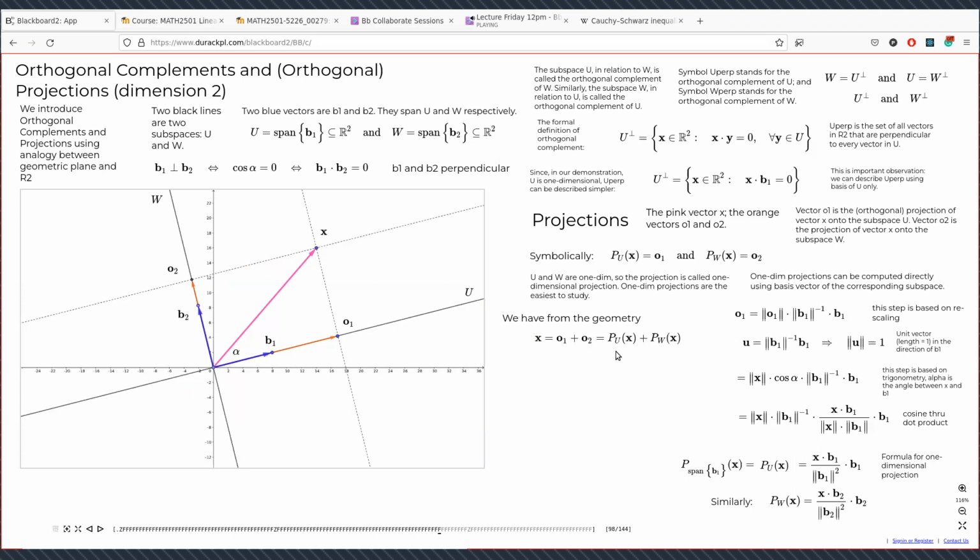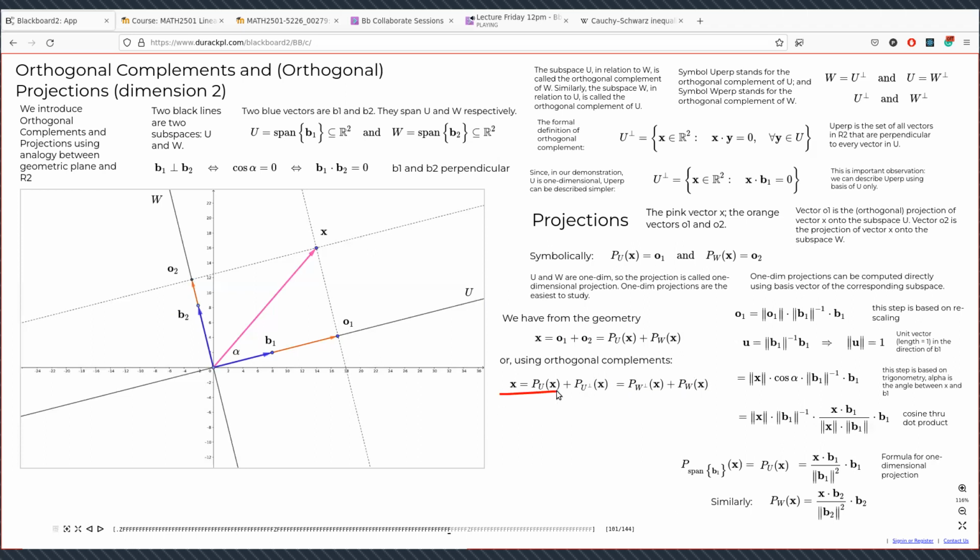So in the language of projections, any vector x, absolutely random, breaks into a sum of projections onto a subspace and, listen carefully, onto that subspace's orthogonal complement. That's one of the fundamental connections between orthogonal complements and projections. And that works for U and W identically. You can write the same thing for W.